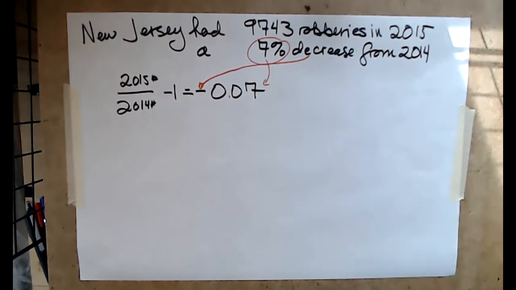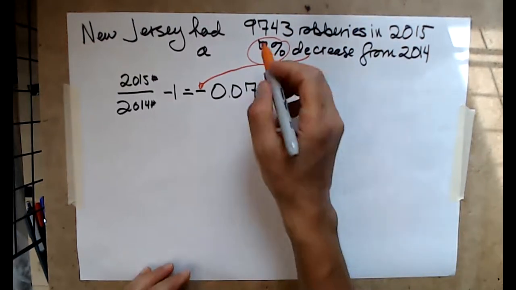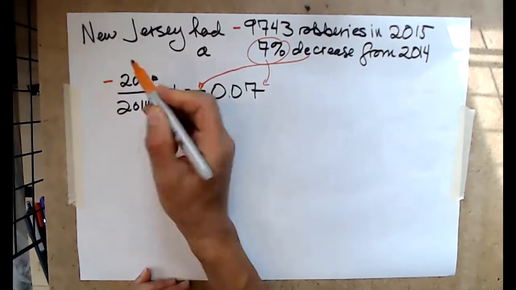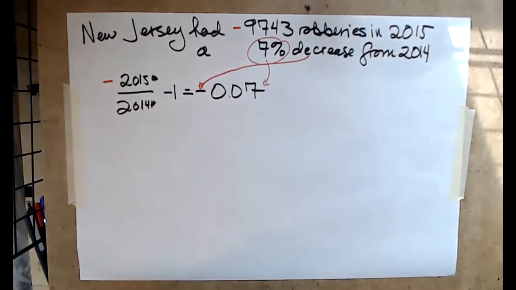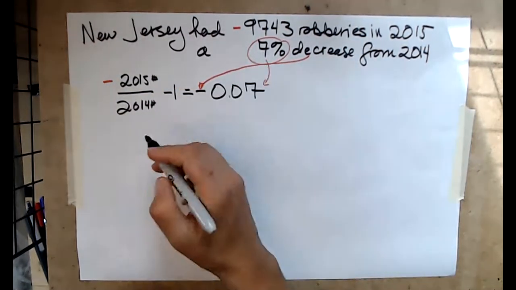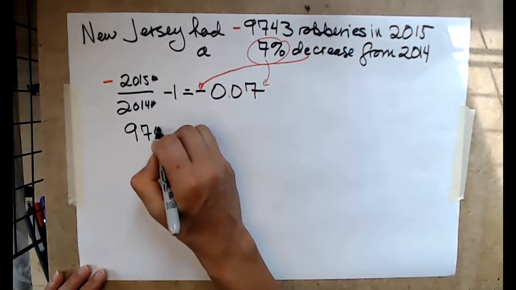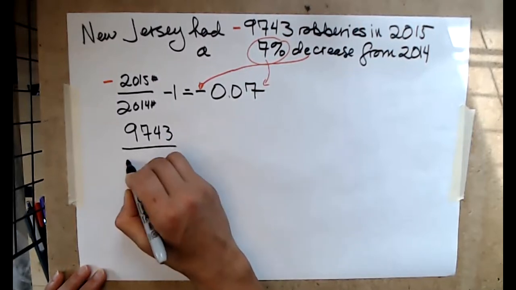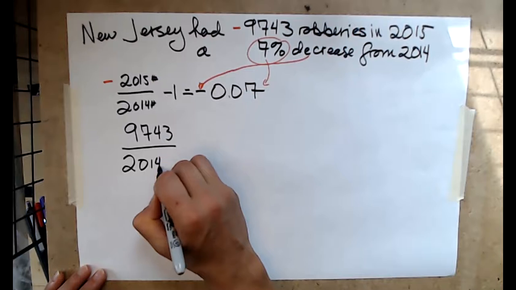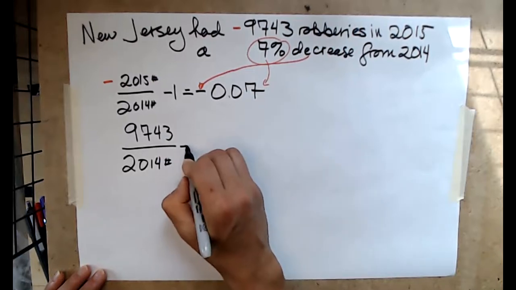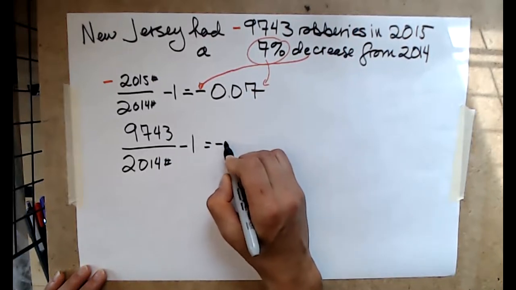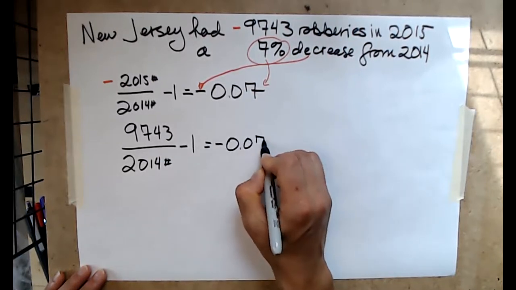So I'm going to plug in the value that I know. I am given the 2015 value, and I want to solve for the 2014 value. So let's plug that in: 9,743 divided by this unknown 2014 number, subtract 1 from that, and I would get negative 0.07.